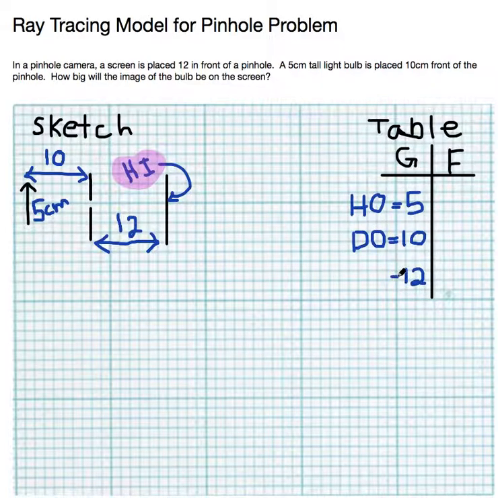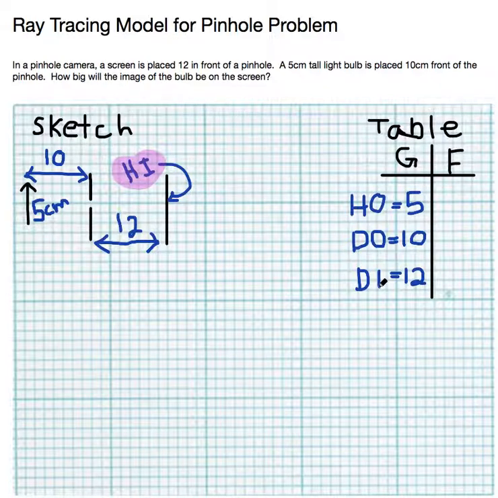And the 12 is the distance again, but now it's to the screen. So to the screen we say to the image. All right, we have now set up the problem, and now we need to think about setting a scale.